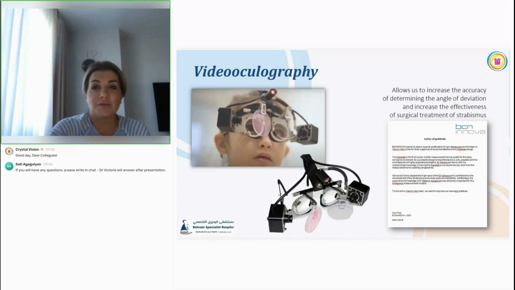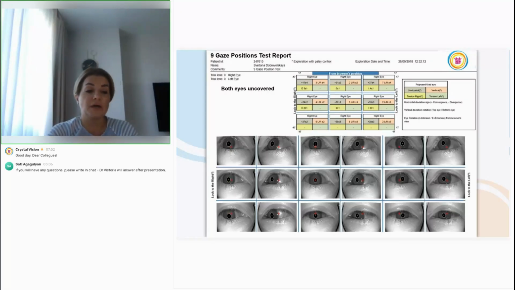And the most exciting part is that now we are able to conduct this examination using the Gaze Lab in our clinic, Crystal Vision, in Bahrain too. In the automatically generated report, we have the ability to compare the deviation angle in each gaze direction with a photograph of the patient's eye.